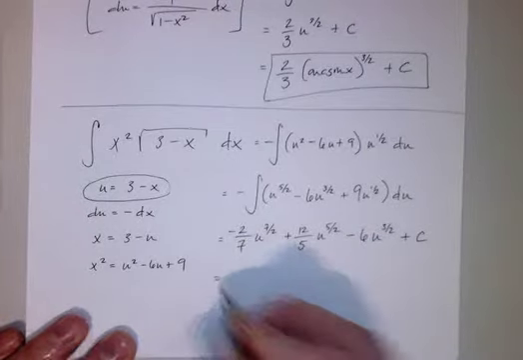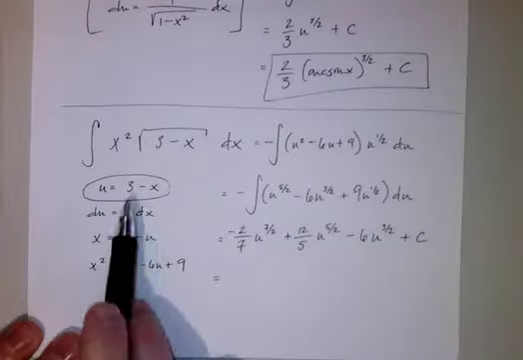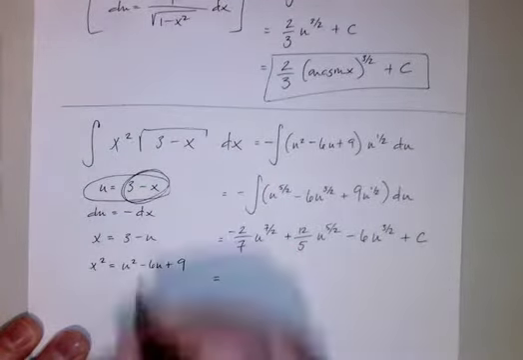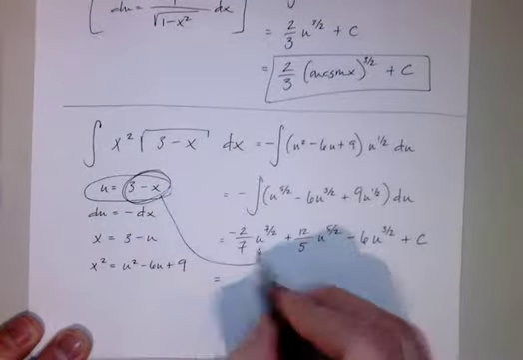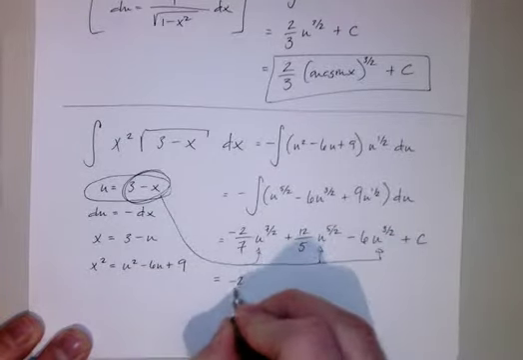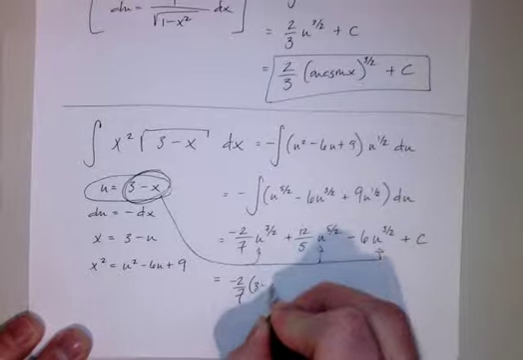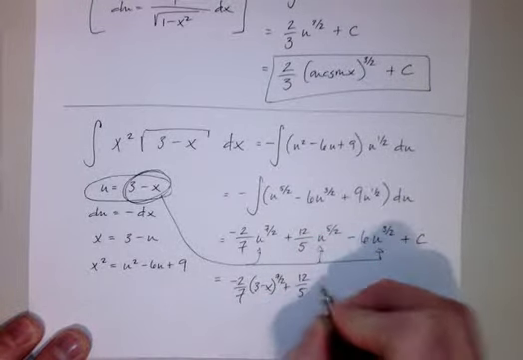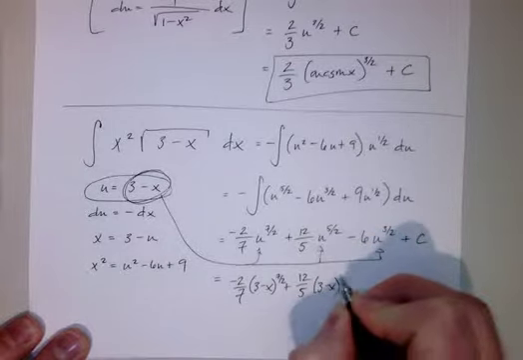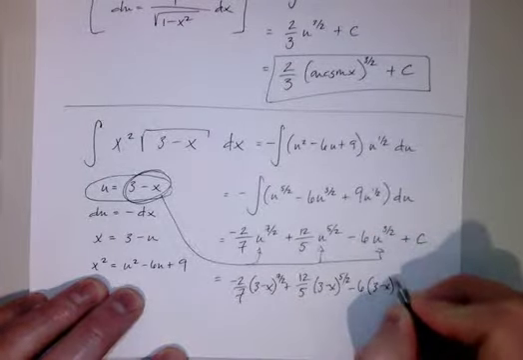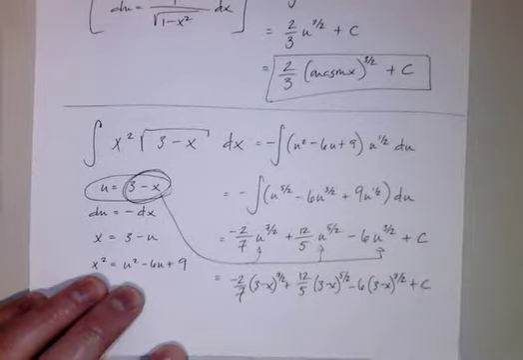And then the only thing that's left to do is just plug in this binomial right here for all of the u's. Okay, and we get negative 2/7, 3 minus x to the 7 halves plus 12/5, 3 minus x to the 5 halves. Let's see if I can do this without running off the edge of the paper, and Yahtzee. There we go.